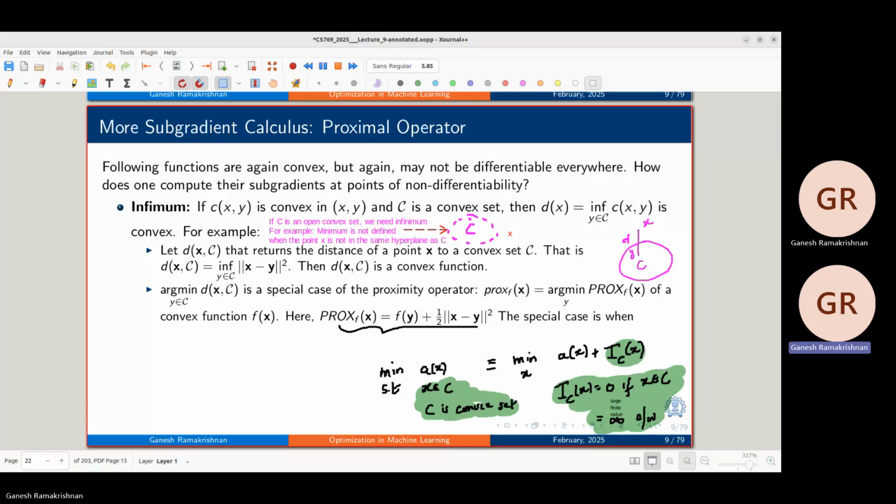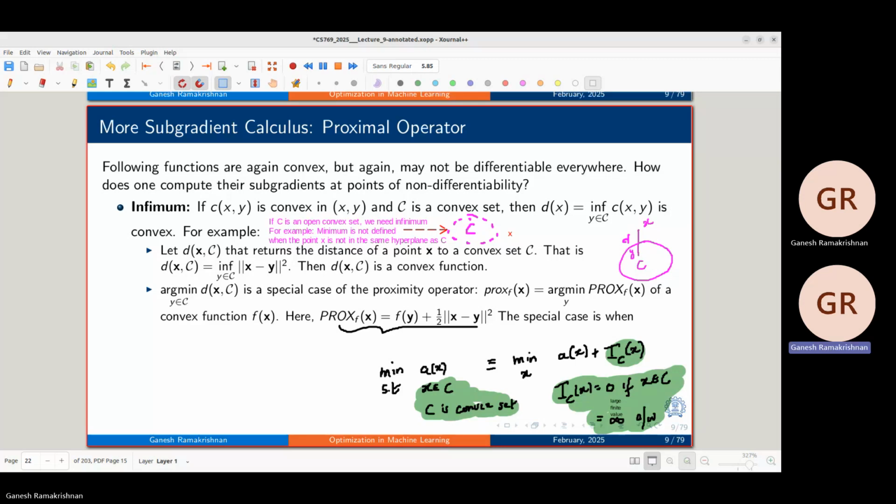Is this clear? So that's what I've illustrated here. X has gone outside, and I'm just pulling it back to C. That's a special case. So C is an open convex set, and it becomes even more interesting. Here you see this example. The C is open. Deliberately I have put a dotted line outside.